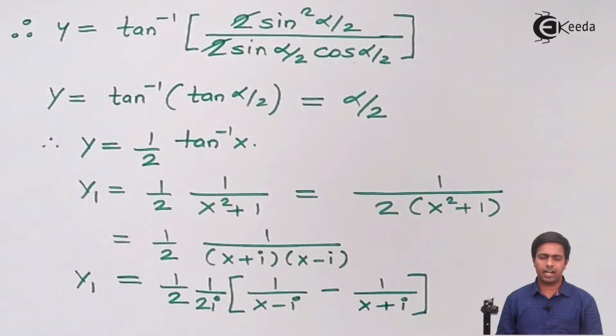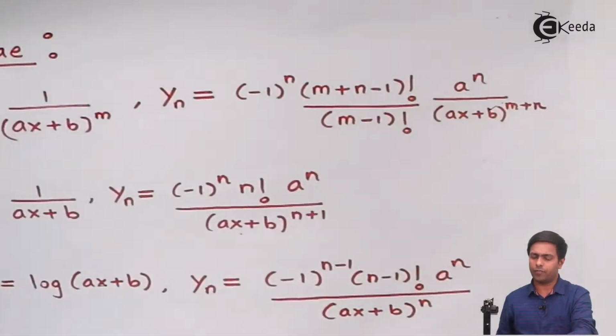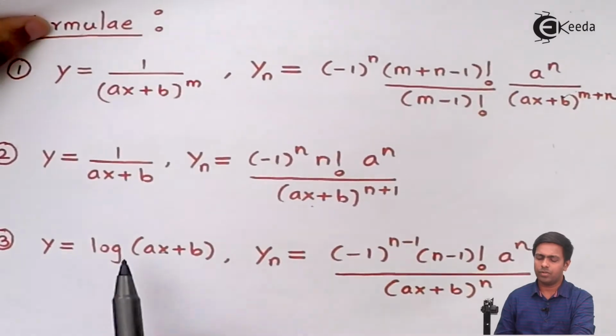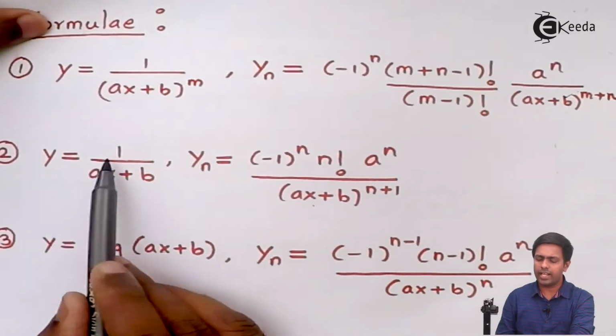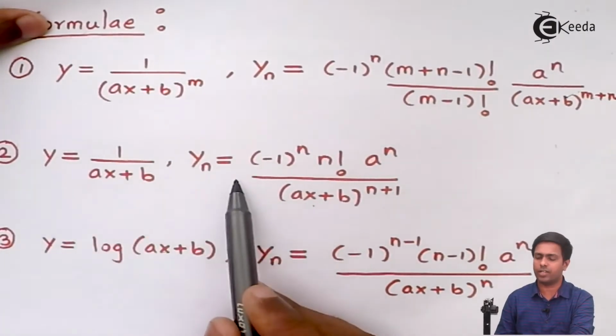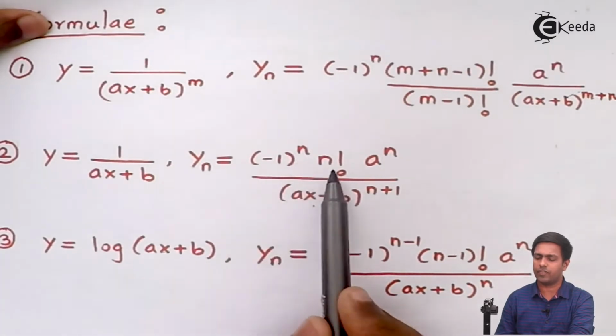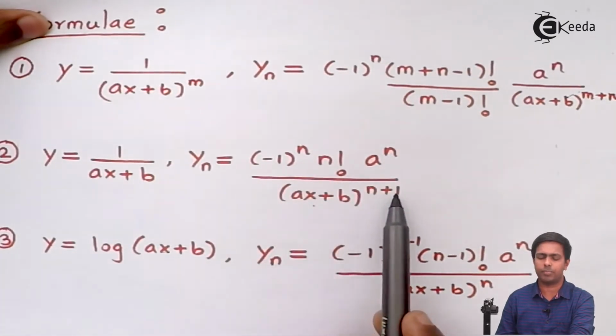Now guys, let's start to find out the nth derivative. So this is the formula. If we have y as 1 upon ax plus b, the nth derivative is given by minus 1 raised to n, n factorial, a raised to n, upon ax plus b raised to n plus 1.